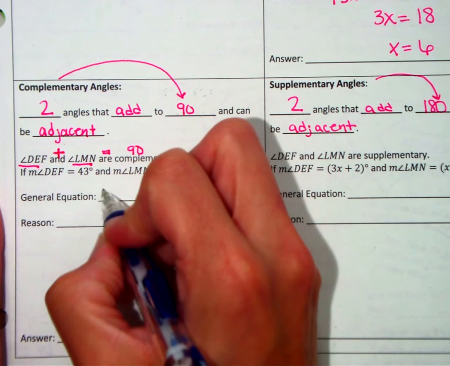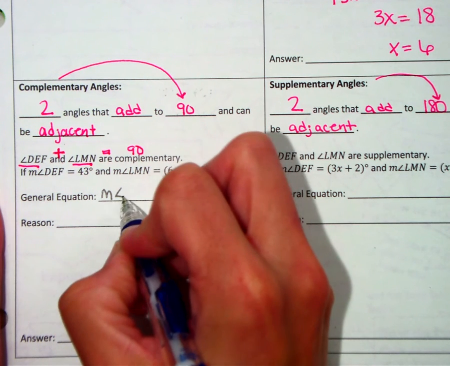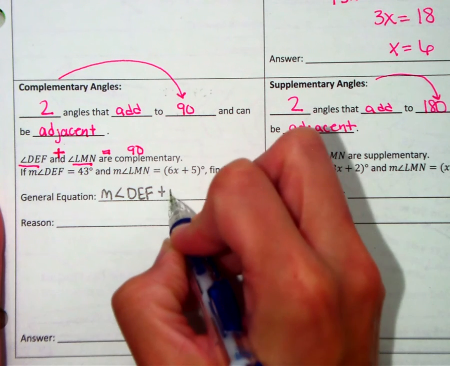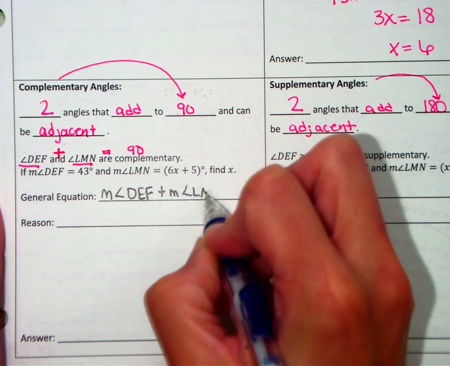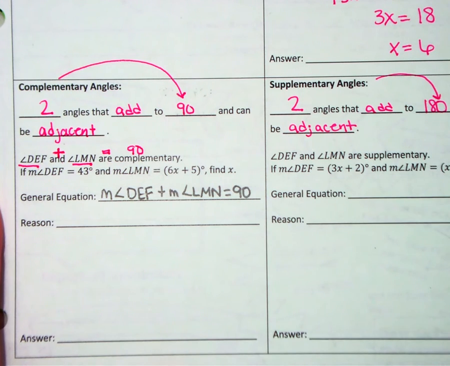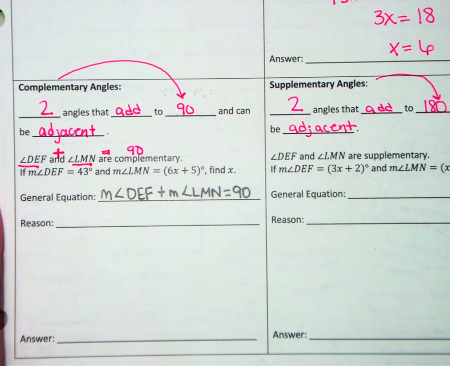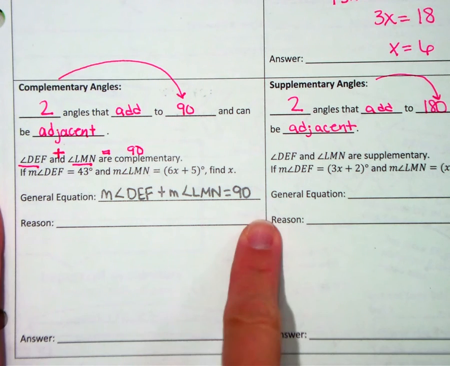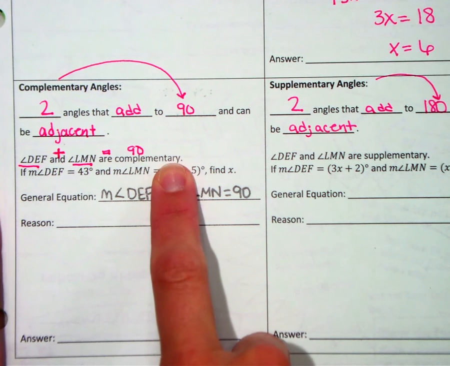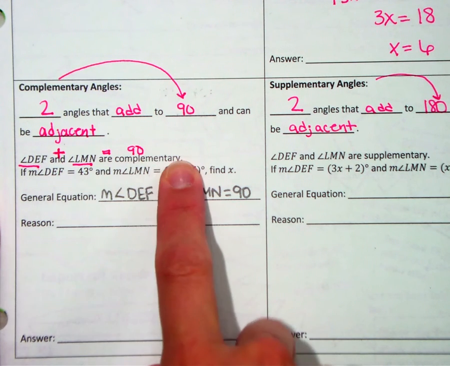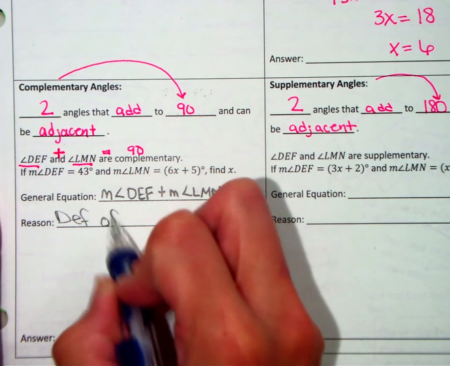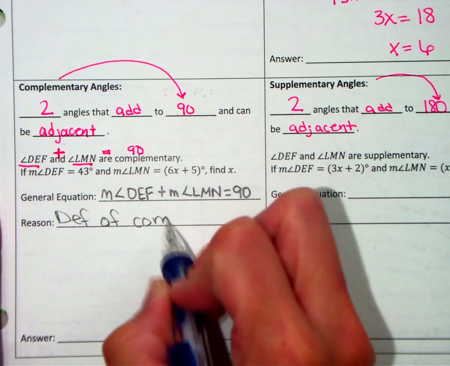So the measure of angle DEF plus the measure of angle LMN is 90. Now, typically, our reason is the vocabulary word. So when it says complementary, right there, if it says that word, I'm going to use definition of complementary.